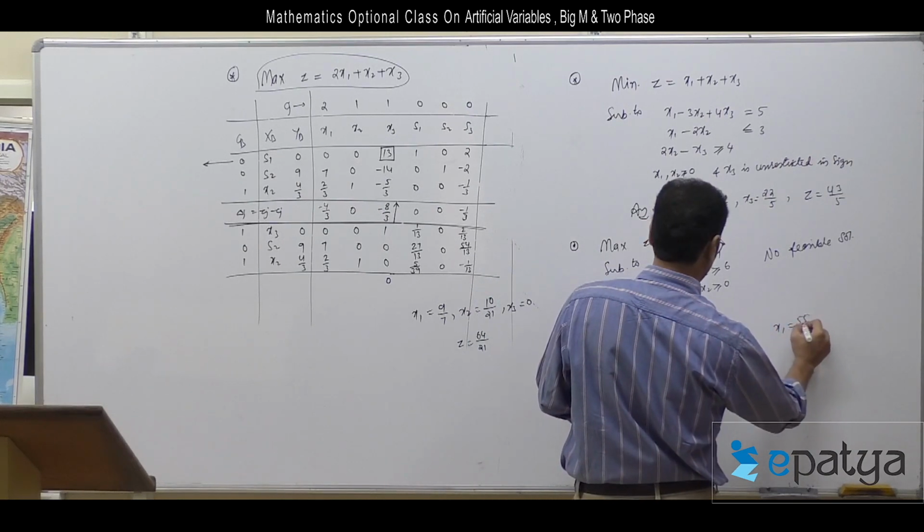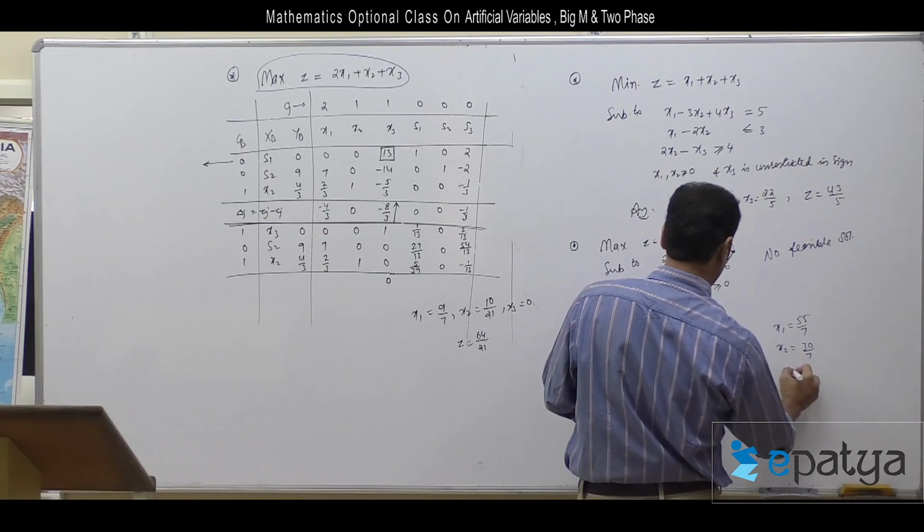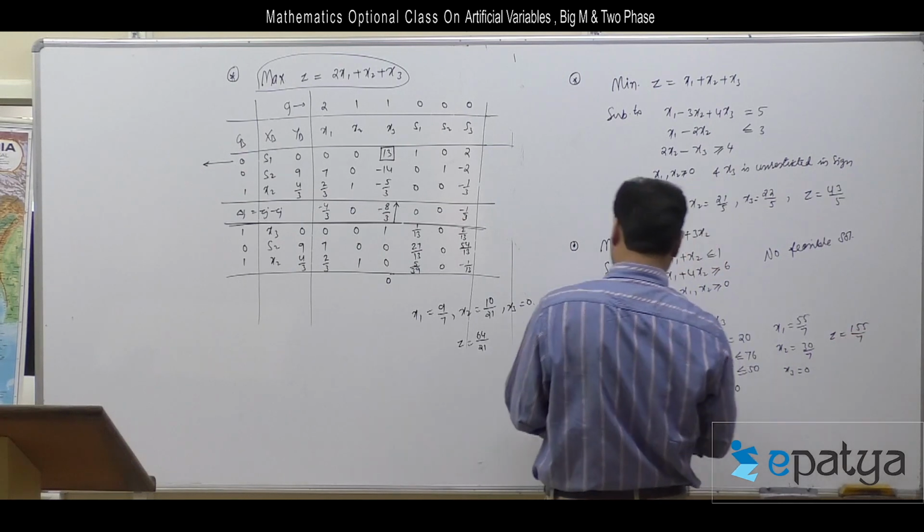So x1 is 55/7, x2 is 30/7, x3 is 0, z is 155/7.